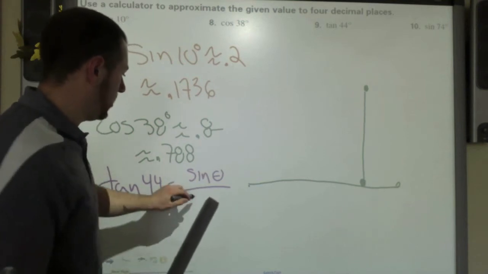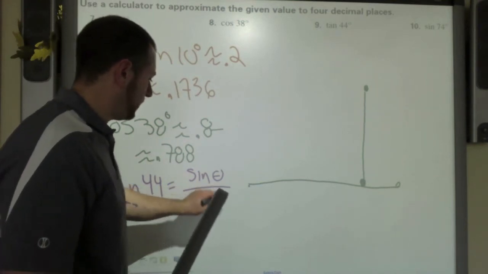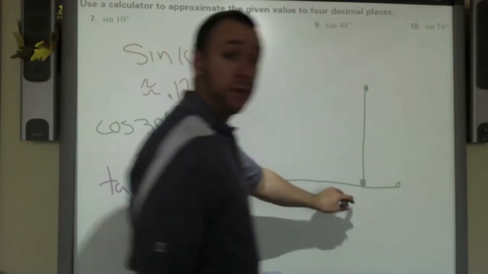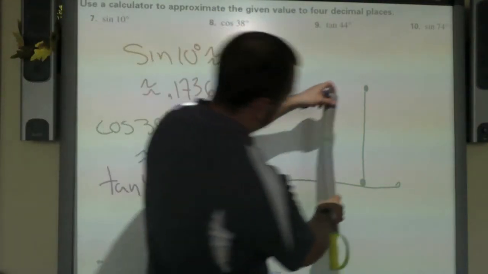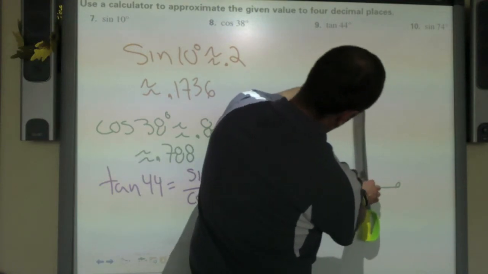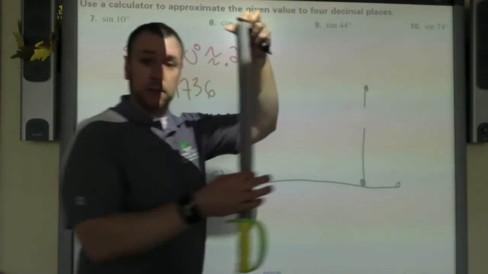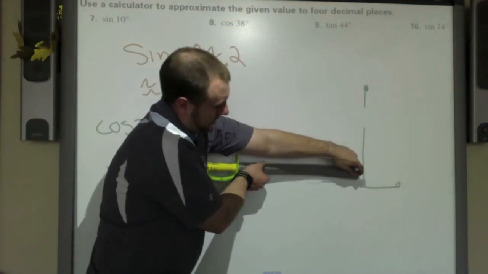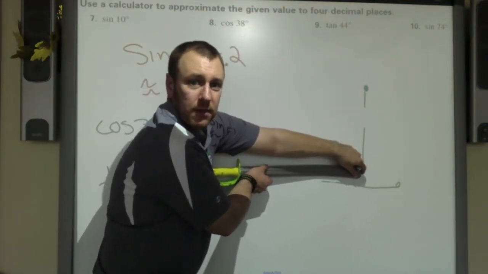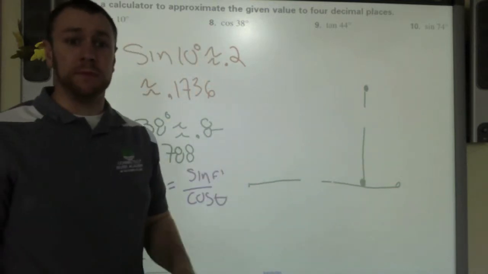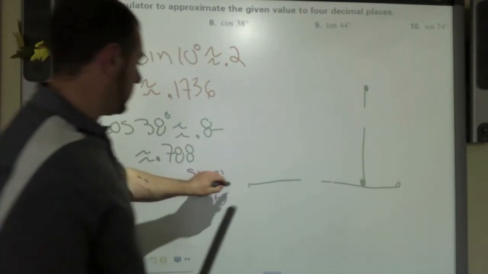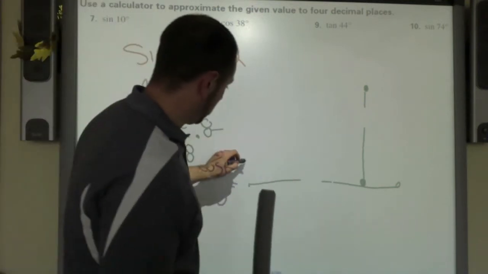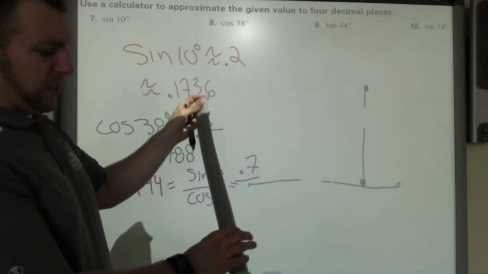Remember, the tangent of 44 is actually the sine over the cosine. Well, that is the vertical distance over the horizontal distance. So let's look at that. Okay. This distance, vertically, divided by that distance, horizontally, they're about equal.